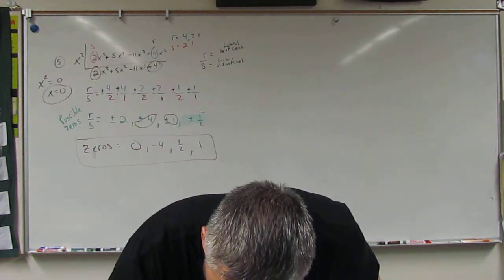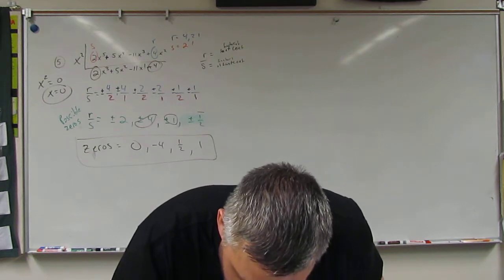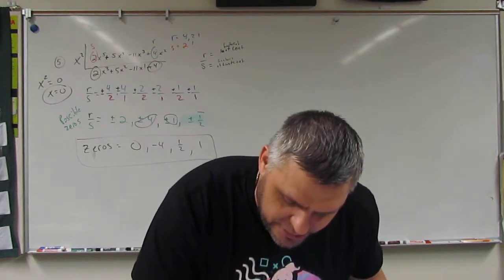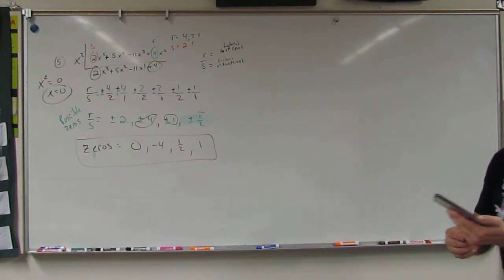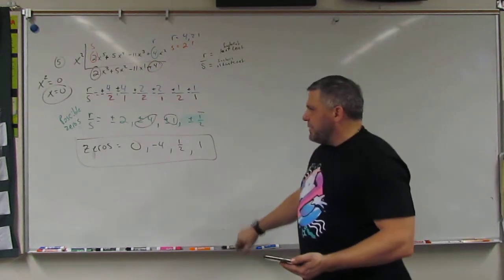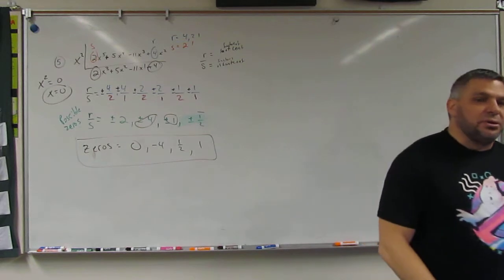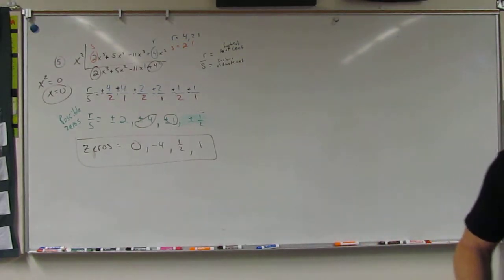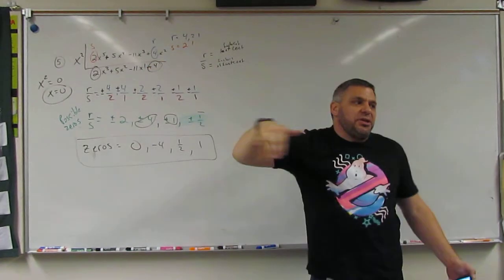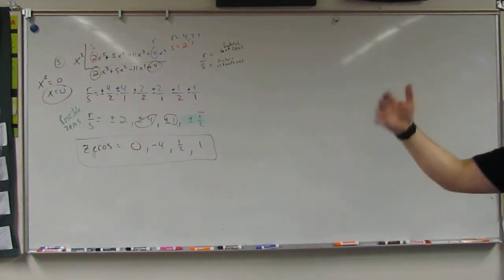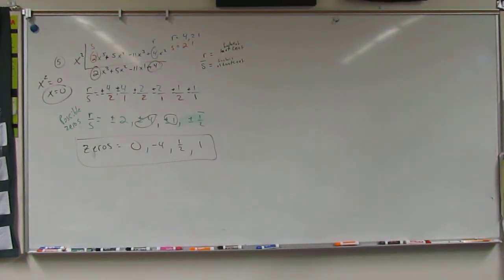So you cross-reference it, and it says -4, 0, 1, and 1/2. Boom, baby. We did it. So that's how you do the zeros for things we cannot factor. Anything you cannot factor, this is what you have to do.